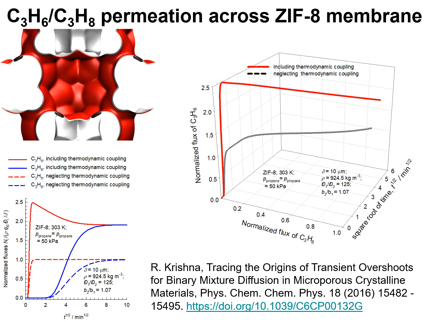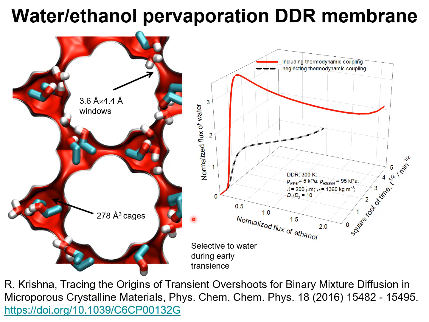The simulation of water-ethanol pervaporation across a DDR membrane is presented in this graph here, and this shows that during transient permeation, the water flux shows a pronounced overshoot before it reduces in value to the steady state value.